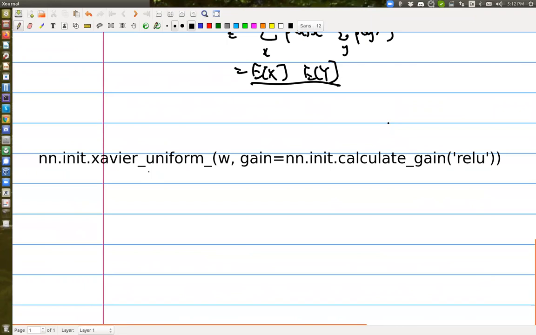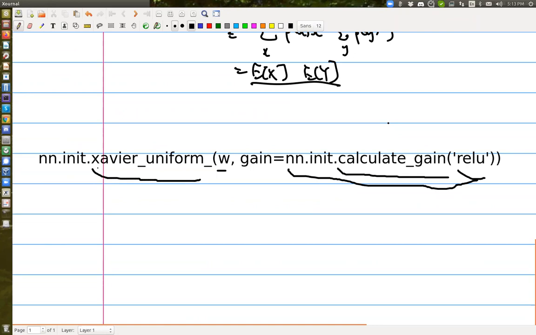For the weight you want to initialize, the gain will depend on your activation function. PyTorch allows you to compute the gain as well, so you don't need to compute it yourself. You just use calculate gain, specify the activation function, and it gives you back the appropriate gain. And then of course you can change this to a different initialization method.